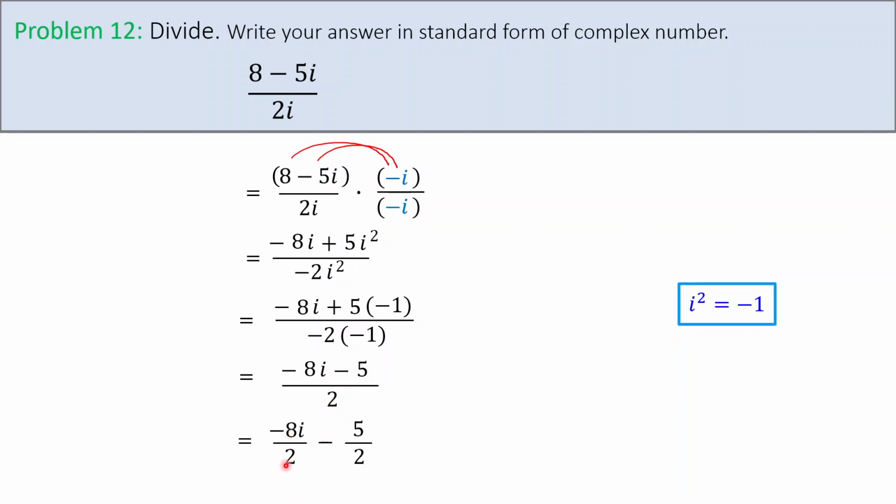The 8 divided by 2 gives 4, so we get negative 5 over 2 minus 4i. Now write the real part first, then the imaginary part. So this is the answer in standard form.